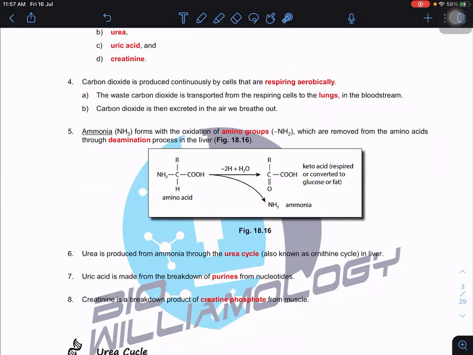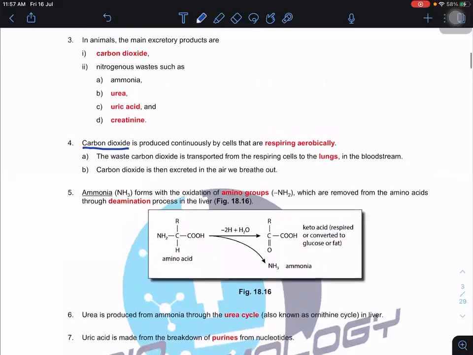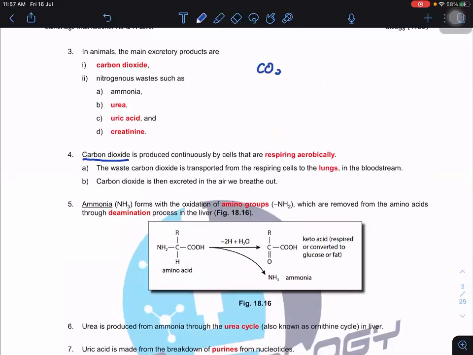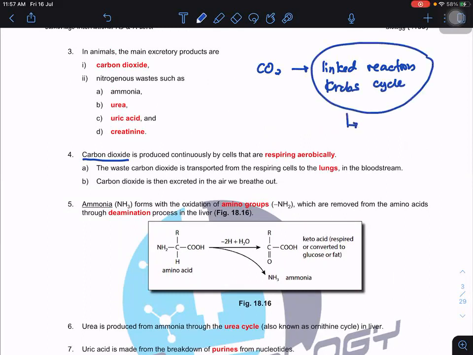Have to be careful, guys. If you look at our cells, CO2 is released due to two processes, the link reaction and also the Krebs cycle, and both of them happen in the mitochondria.